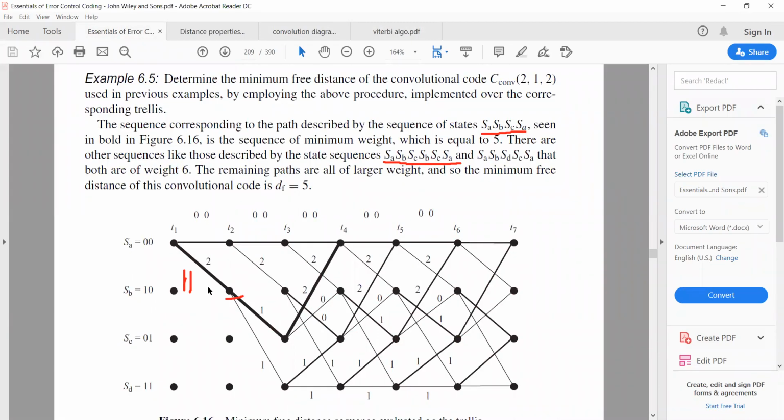And we have considered this as 00. And what is the Hamming distance between this 00 and this output? 2, because there are 2 dissimilarities of bits, so that's why the Hamming distance is 2. Now again, when I'm coming from SB to SC, what is the output?